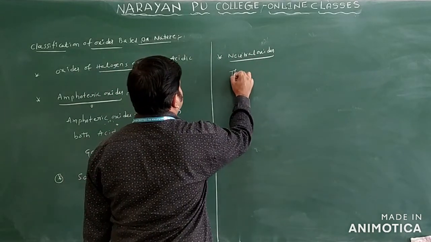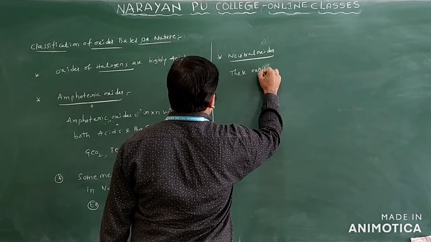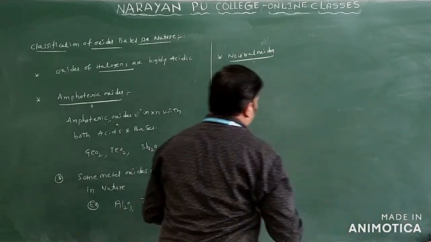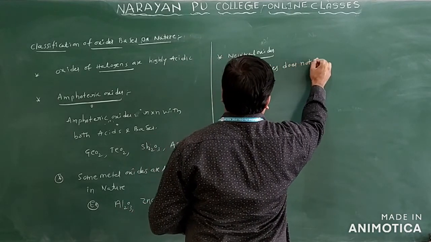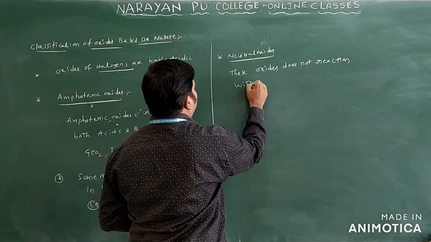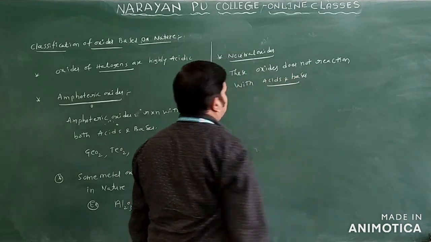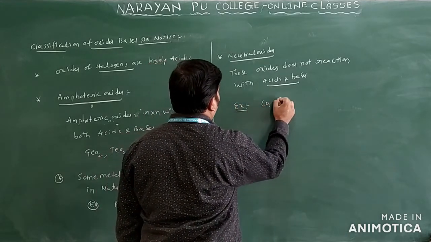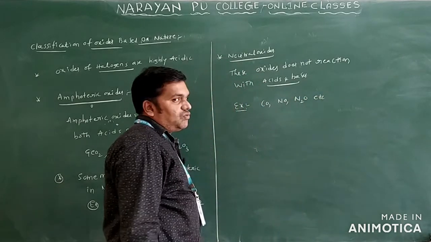Those oxides that do not react with acids and bases are called neutral oxides only. Examples you can write: carbon monoxide, nitric oxide, and nitrous oxide, etc. These are examples of neutral oxides only.